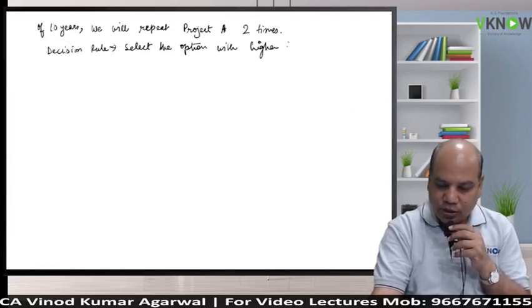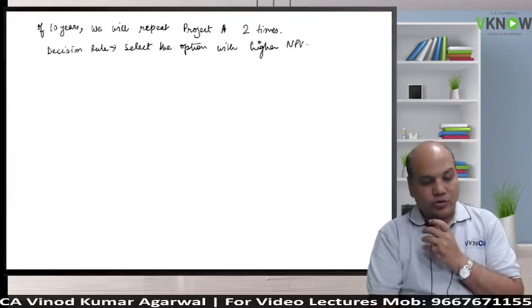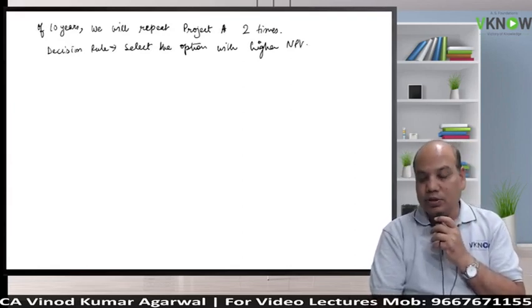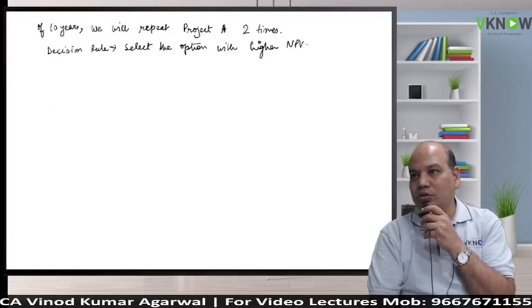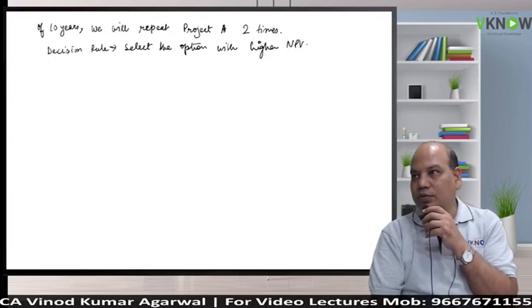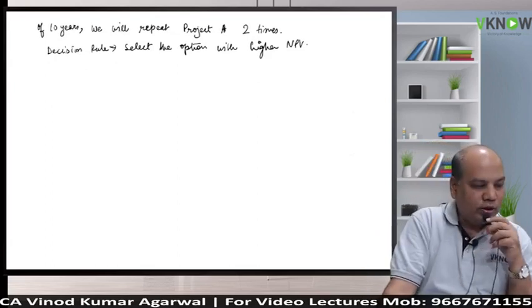This is called the replacement chain method. It will become very time consuming if the number of years are like 7 and 11, where 77 years is the common life. So normally they don't give you that. They are also human beings. You are also hopefully human beings.